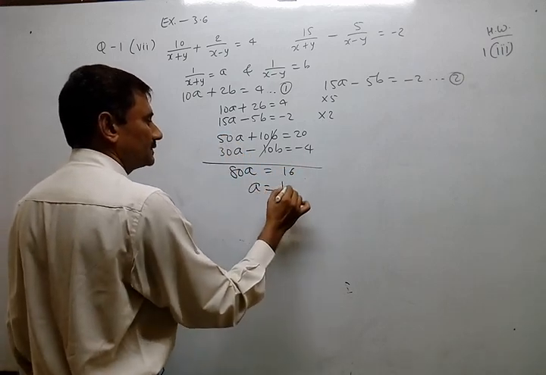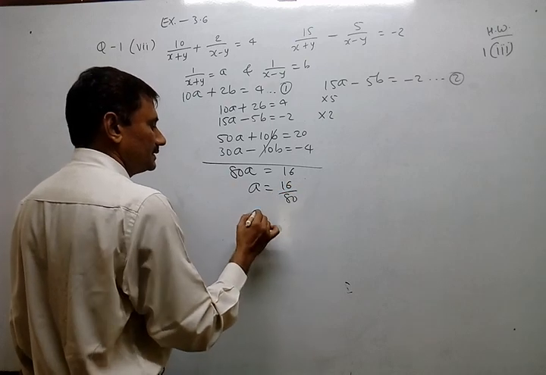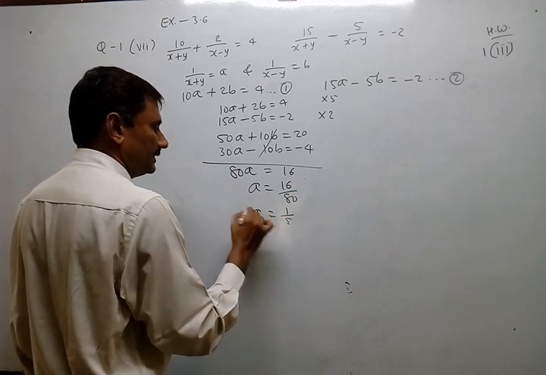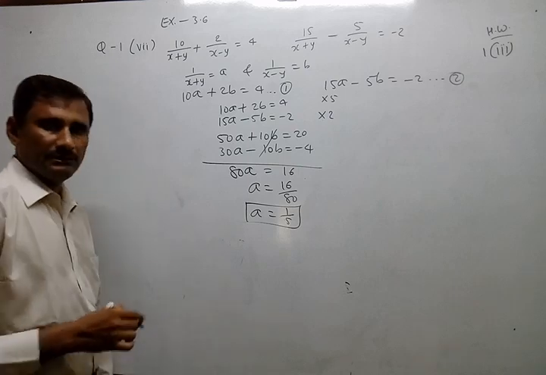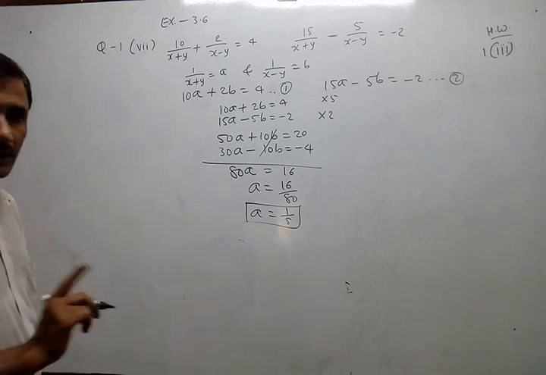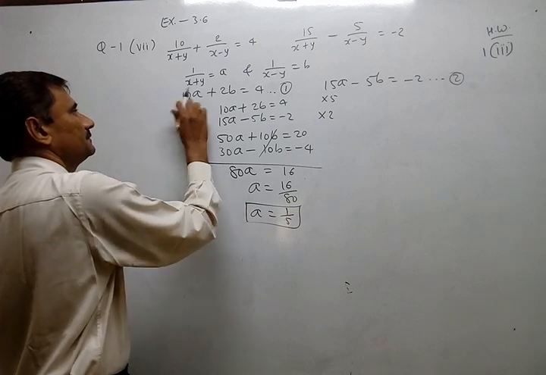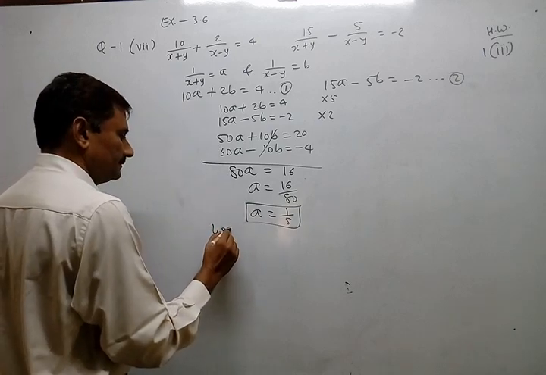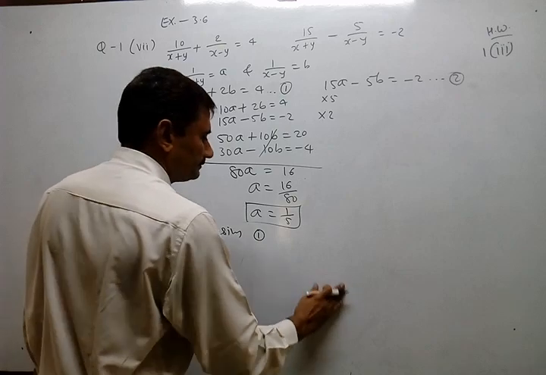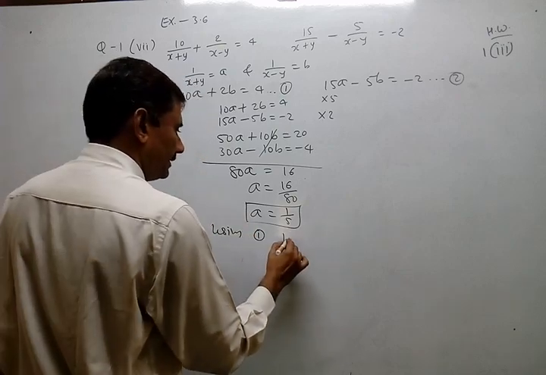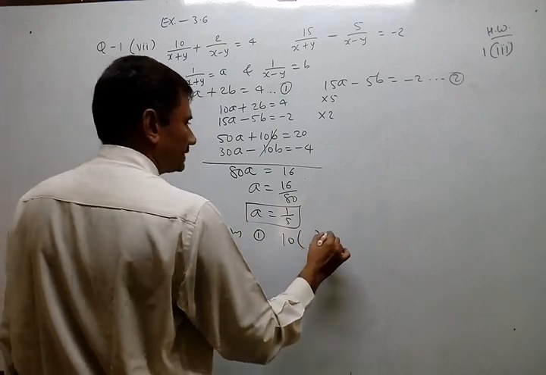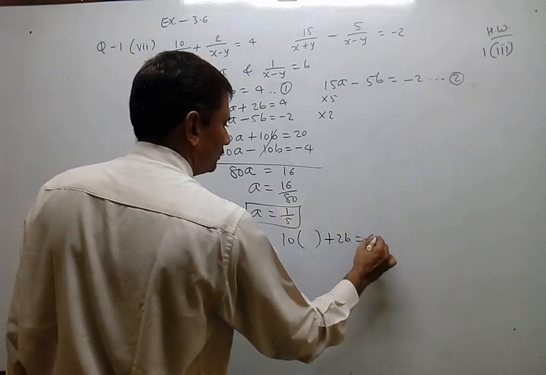So a equal to 16 upon 80. 16 5s are 80, so 1 by 5. We got the first variable, meaning a, but that is not the answer. Now either use the first or second. I just use the first one. So using 1, 10a plus 2b equal to 4.